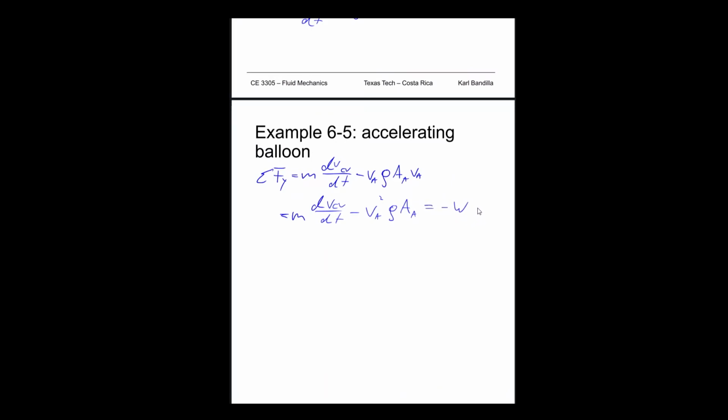Now we want to get the mass flow rate, so we have to have the velocity at the exit there, right? So solve all this for VA squared.